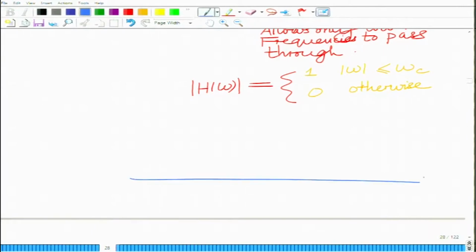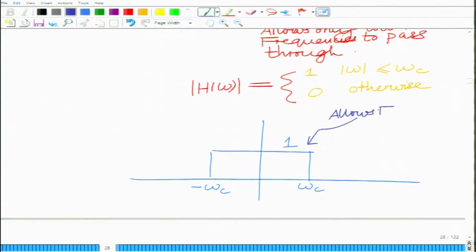So, we have a filter that looks like this. In the band from minus omega_c to omega_c, its response is unity, so it allows these frequencies to pass.